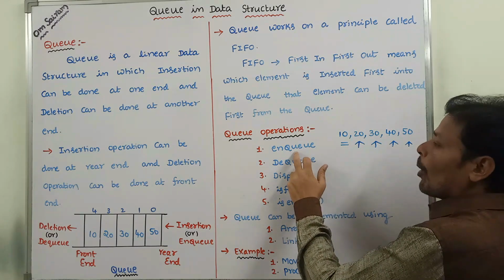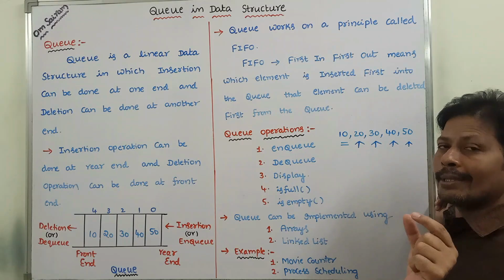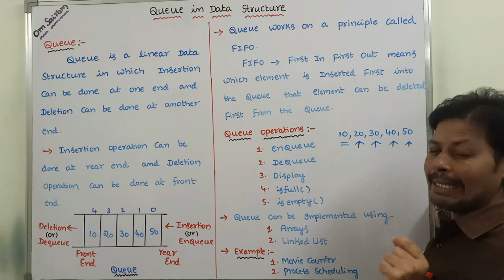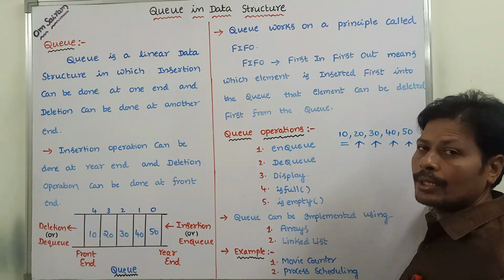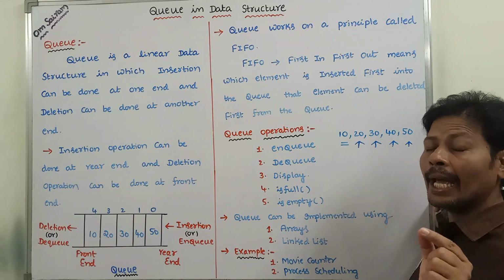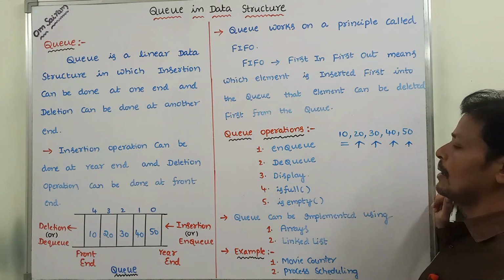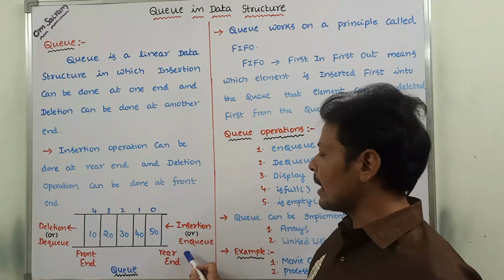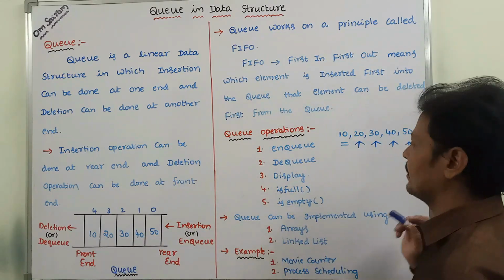NQ operation is used for inserting elements into the queue at rear end. DQ operation is used for deleting elements from the queue at front end. So insertion can be done at the rear end, deletion can be done at front end.